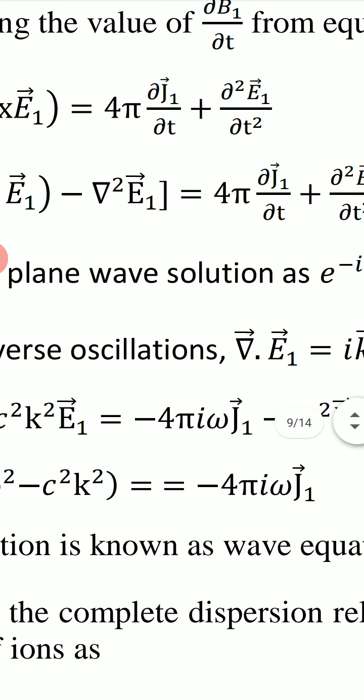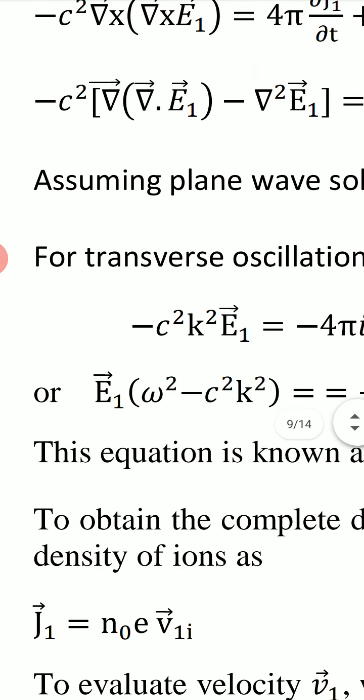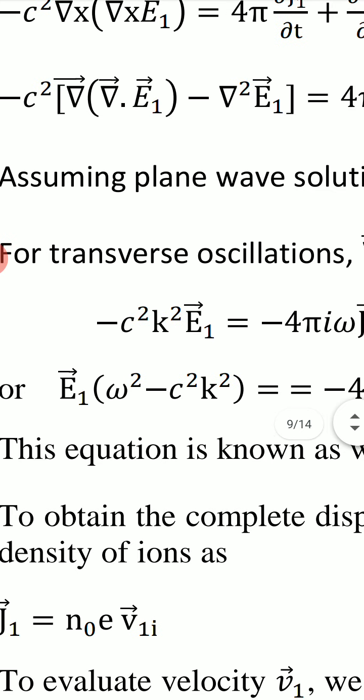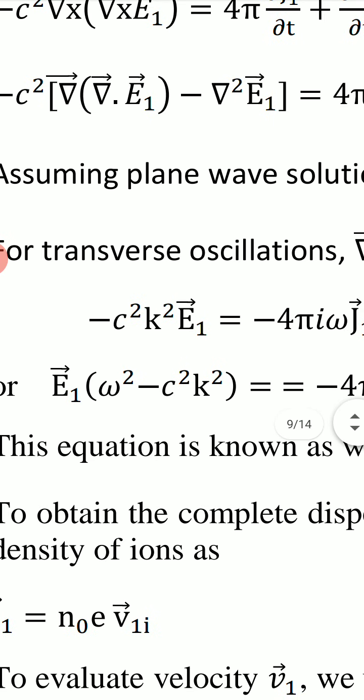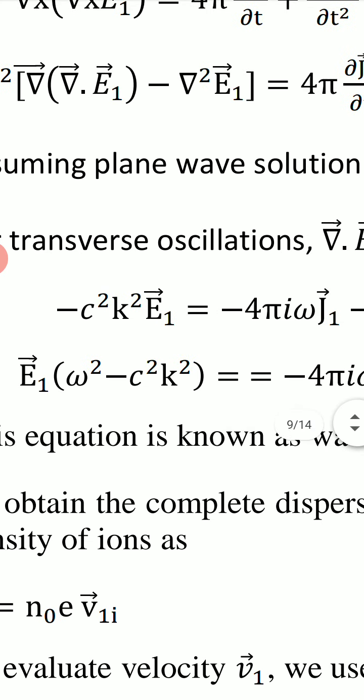So in this del square, the x component is d2 by dx square, which is equal to minus k square. So we write del square E1 as minus k square E1. So the left-hand side becomes minus c square k square E1 vector.